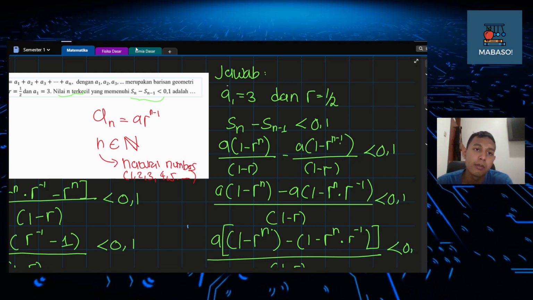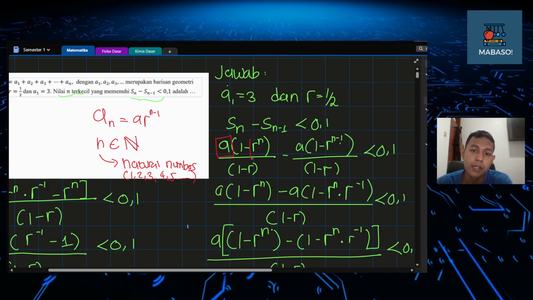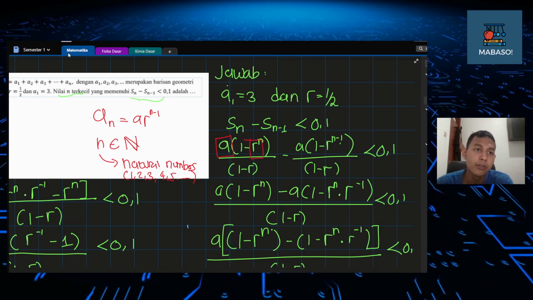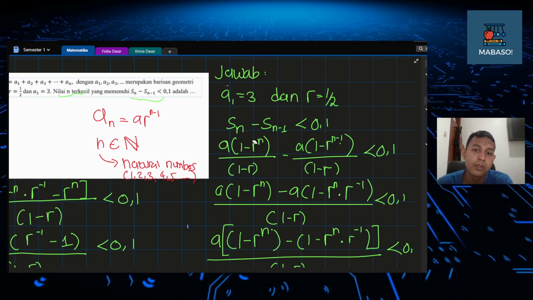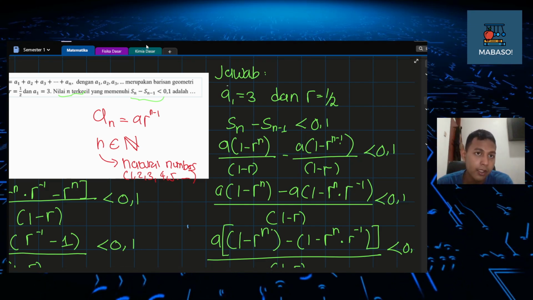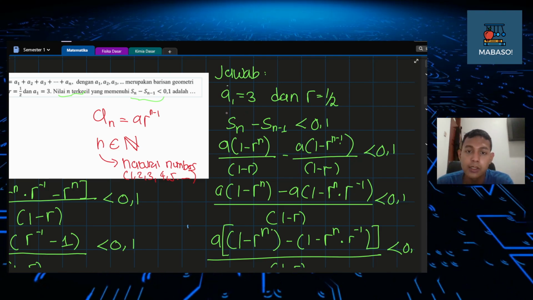Basically, because we know the value of a and the value of r, we can find the smallest possible n that we could choose from the statement.